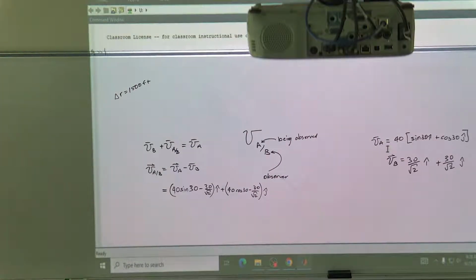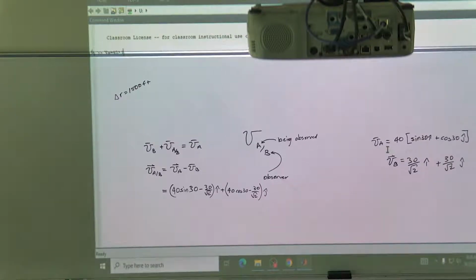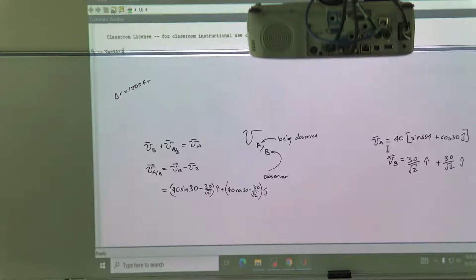So if I type in VA equals 40 times, which one was A? That's the, okay. Sine degree of 30, and then I'm going to put cosine degree of 30. If I type that all in, that's the velocity vector that is A. If I type that right. I think I did.